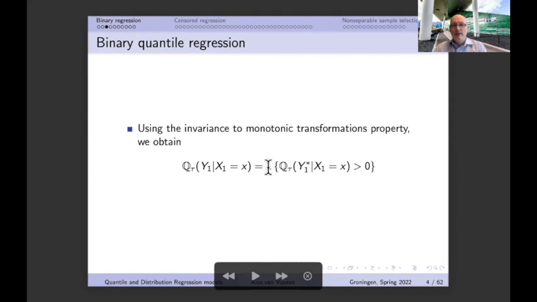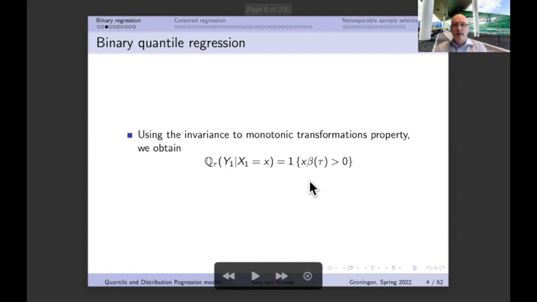This is actually a very nice representation, because now we see that there is a relationship between the quantile of y1 and the quantile of y1 star. We can even go one step further and realize that we have made an assumption with respect to this quantile, because we have assumed so far that this quantile is actually equal to x beta tau. So therefore we can also write it like this.